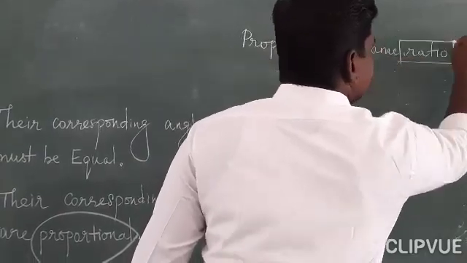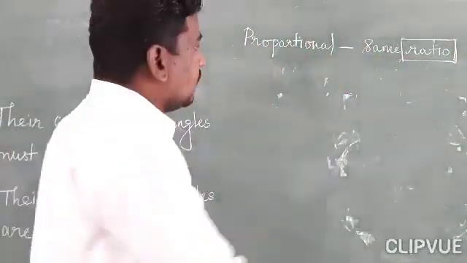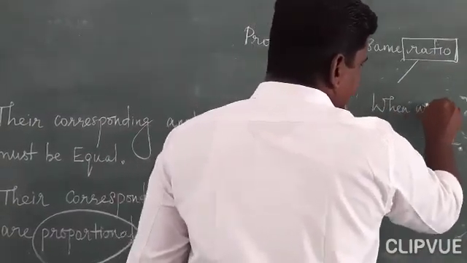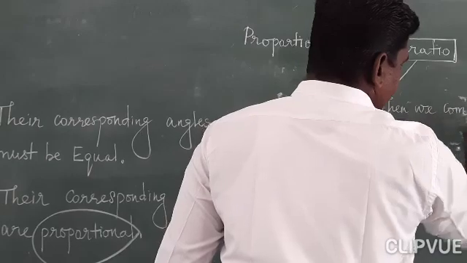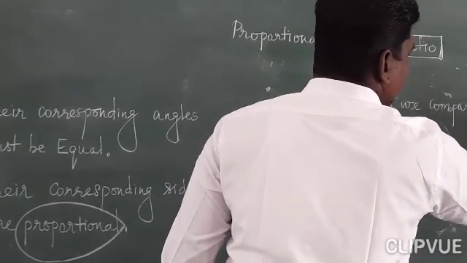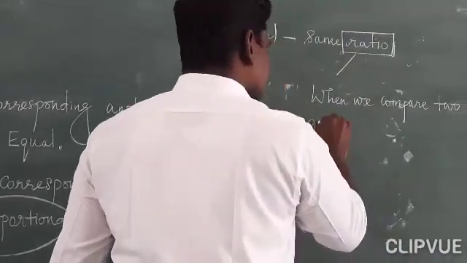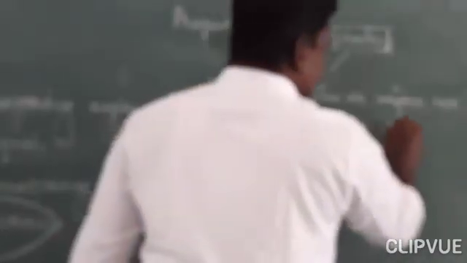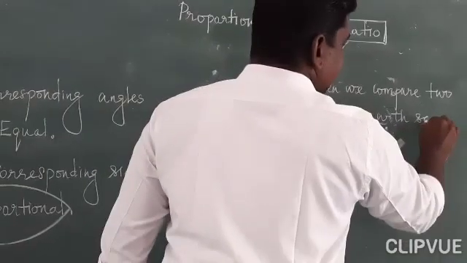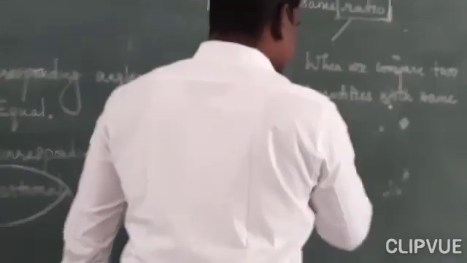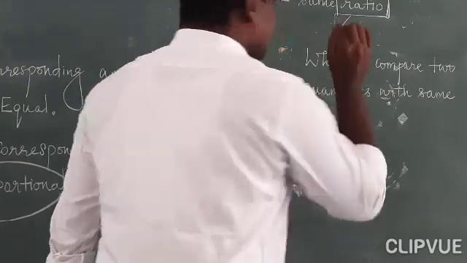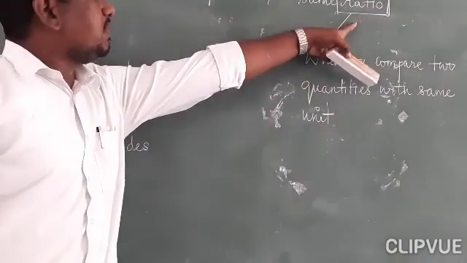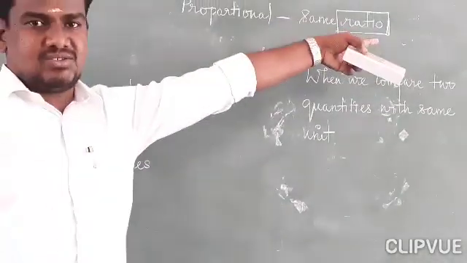What is meant by ratio? As we discussed, when we compare two quantities with the same unit, that is called a ratio. So proportional means the same ratio.